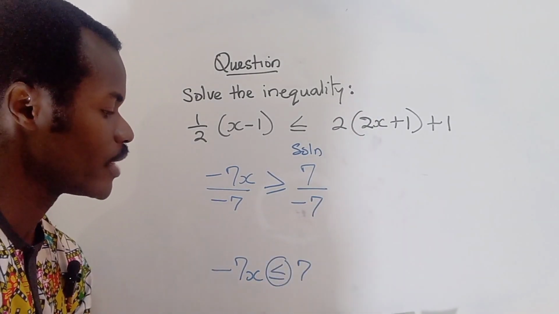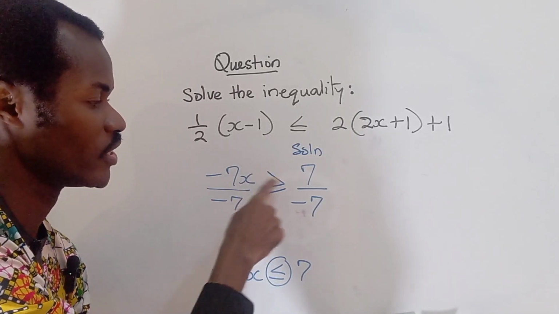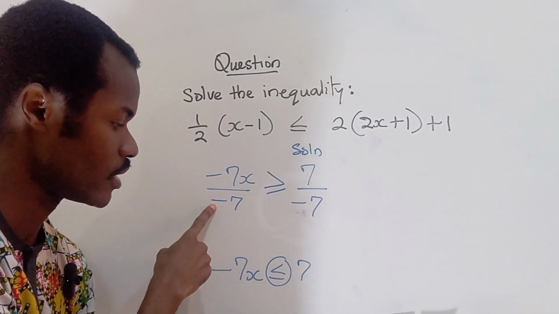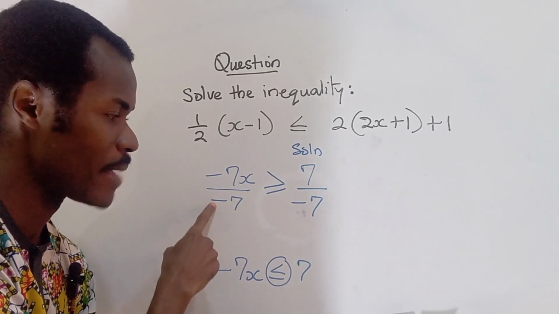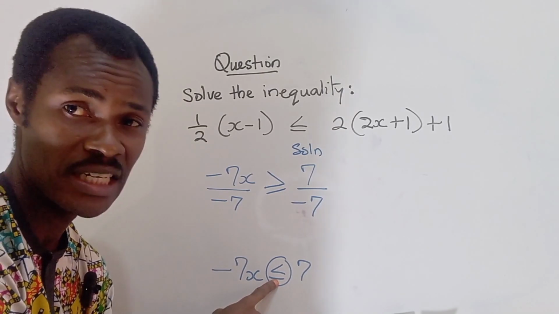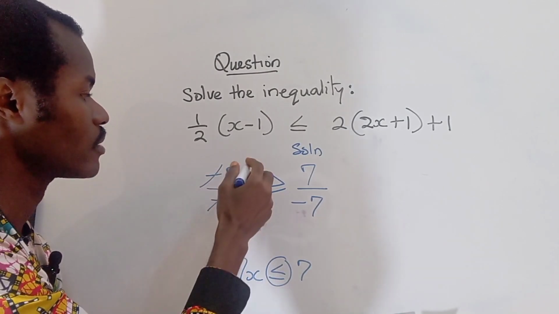So whenever you have less than or equal to, you are going to change it to greater than or equal to when you are dividing with a negative coefficient, because we are dividing with minus 7. That is the rule when it comes to inequality.